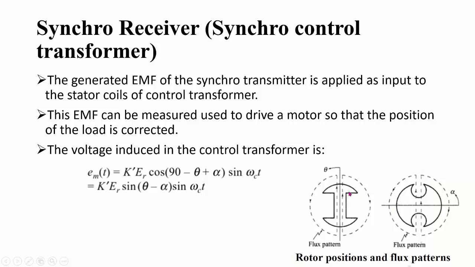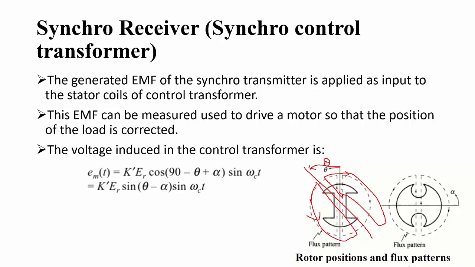If you are going to orient or change this flux pattern, let's say you shift this rotor by an angle theta, I change the orientation of this rotor by an angle theta. In that case, the flux pattern of the transmitter will change and will have this orientation. So it will look something like this. The flux pattern will change.